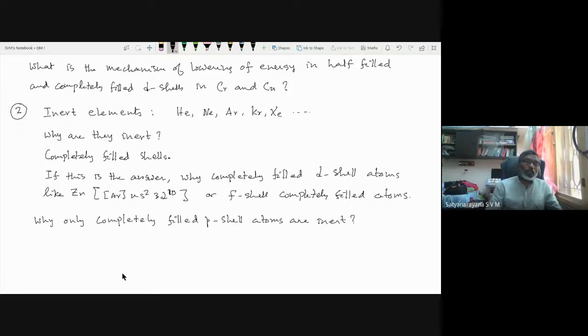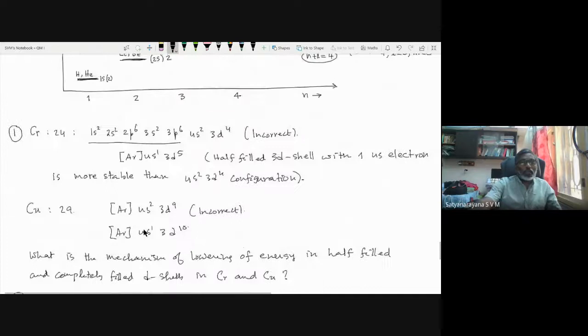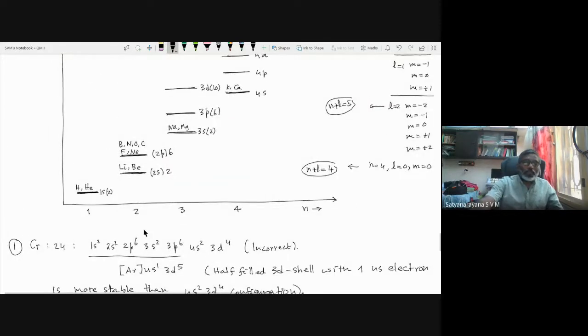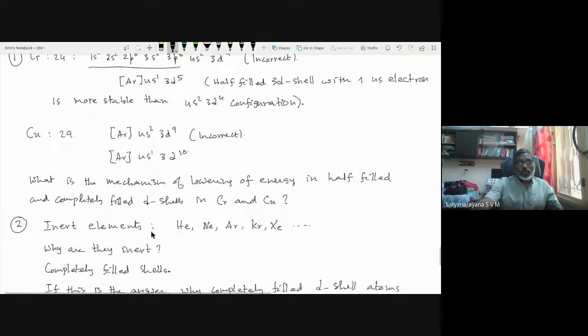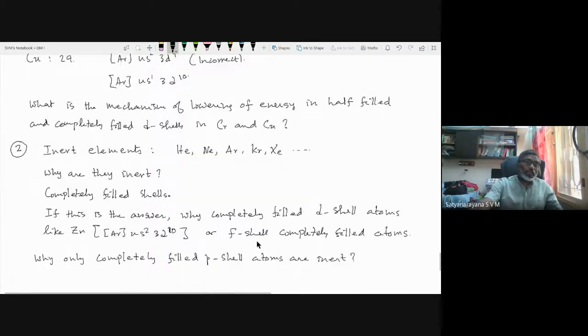We would like to answer these two questions, and some more quantum mechanics we have to learn to answer them. I am raising these two questions right now because they are easy to understand. We would like to ask what kind of explanation we can give from quantum mechanics for this.